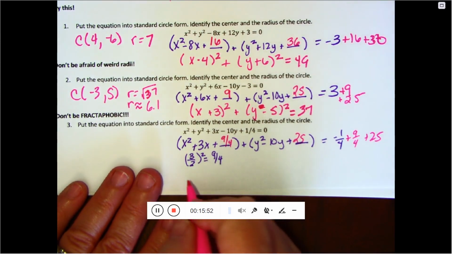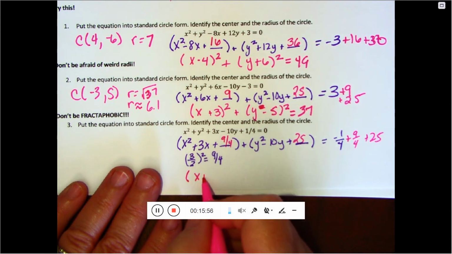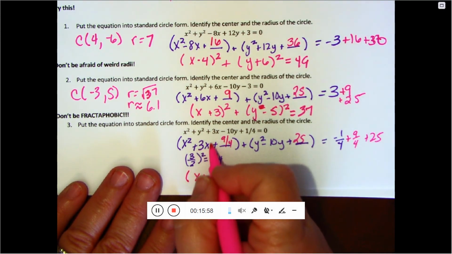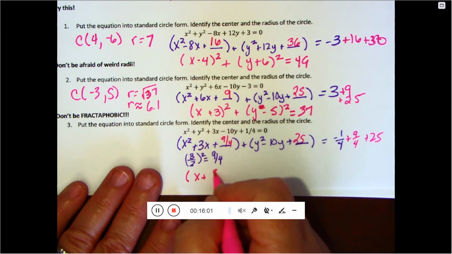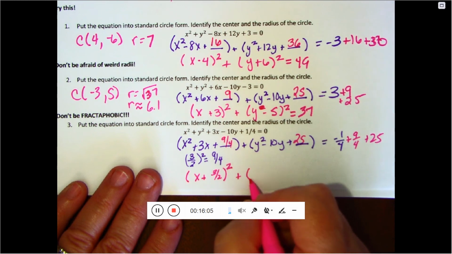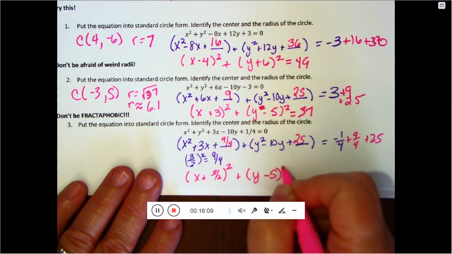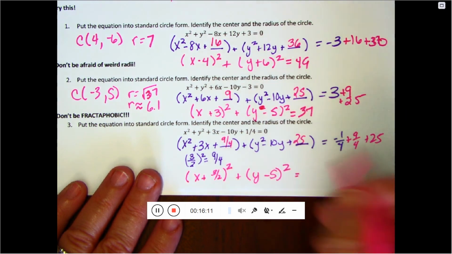Now I'll do my factoring. So this, remember what number goes in here is half of the middle number. It's the x plus 3/2 squared. This factors into y, and what goes in here is half of the middle number, y minus 5 squared. And now I add these.